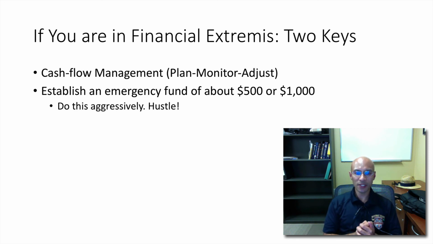Do it aggressively. You need to hustle and maybe get this in place in 1 week if possible, or 2 weeks, but no more than a month. You have to have that emergency fund, or else those unexpected expenses are going to come and eat you alive. You're going to be late on bills, and then you're going to have late charges, and it's just going to be an ugly downward spiral.